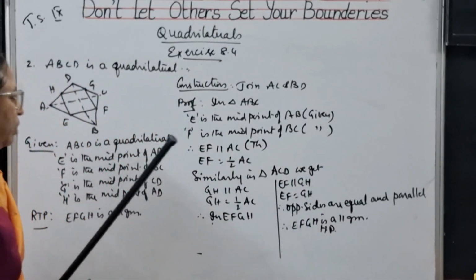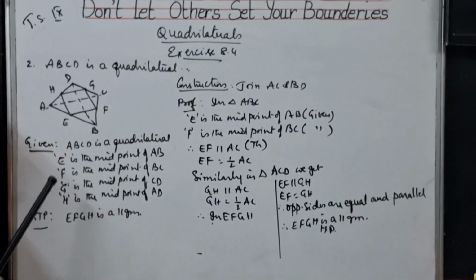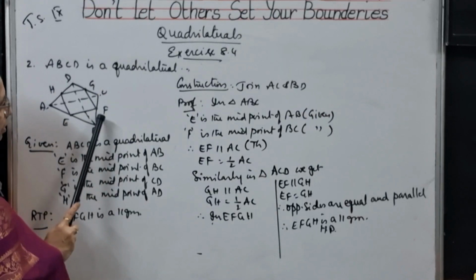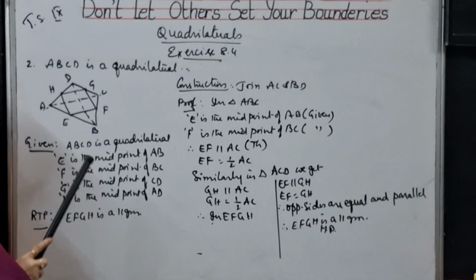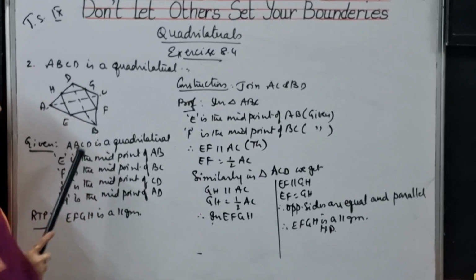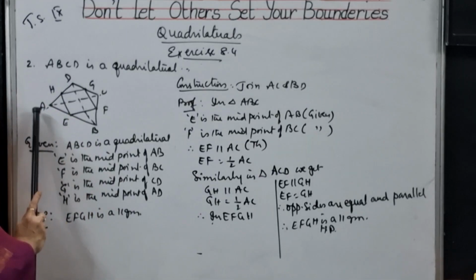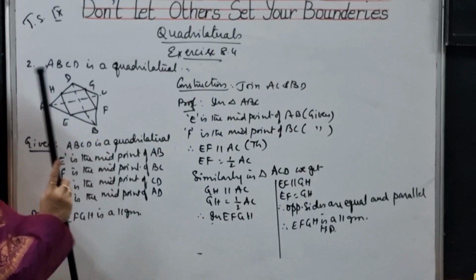Once again, what did they give? They have given a quadrilateral ABCD and E is the midpoint of AB, F is the midpoint of BC, G is the midpoint of CD, H is the midpoint of AD. Now we need to prove that EFGH is a parallelogram. For this, we need a construction. What is that? You have to join AC, you have to join BD.